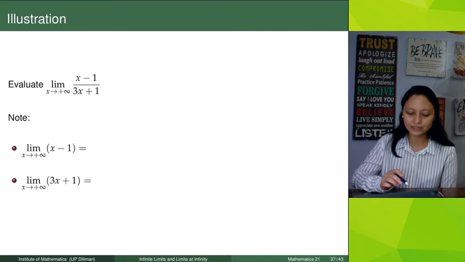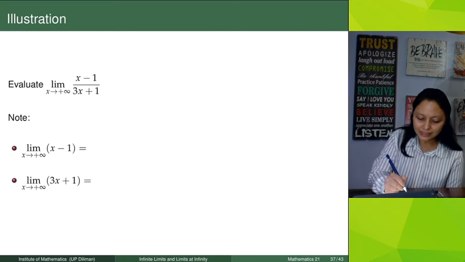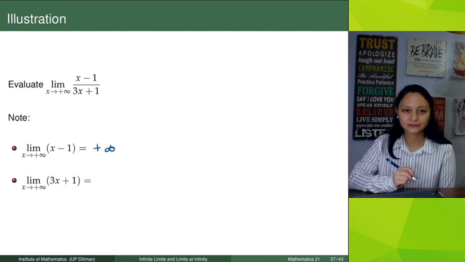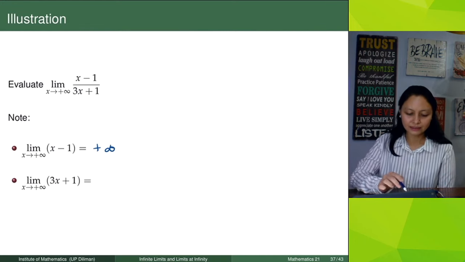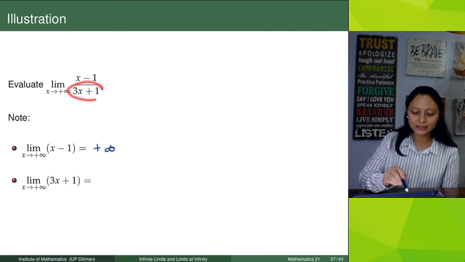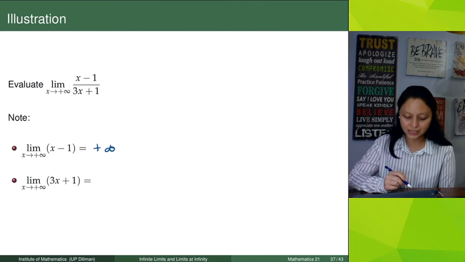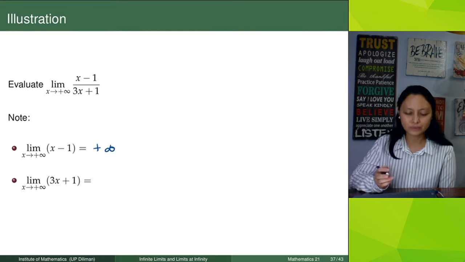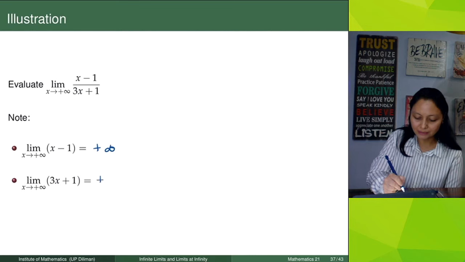Diba, positive infinity minus 1, that's equal to positive infinity. On the other hand, kunin naman natin yung limit ng denominator as x approaches positive infinity. So, 3 times positive infinity is positive infinity plus 1, positive infinity pa rin.